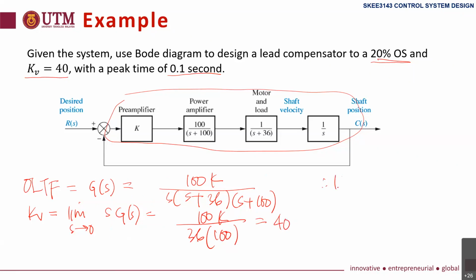Therefore K is 40 times 3600 over 100, which is 1440. This is the value of K in order for us to achieve Kv of 40.